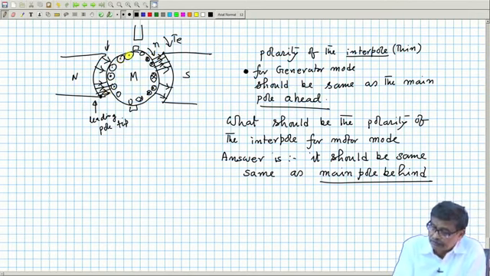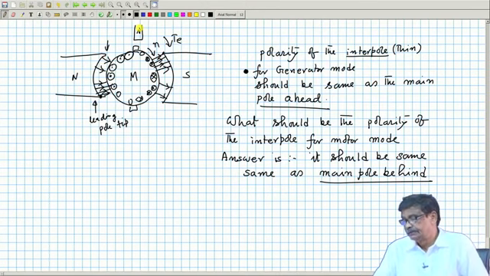This coil is moving, has to pass through this q axis, and I know there will be a field existing here. Even if you use compensating coil, some flux will be there along the quadrature axis. But the question is, what should be the polarity of the interpole? It says that it should be the same as the main pole behind, that is north pole. Got the point?